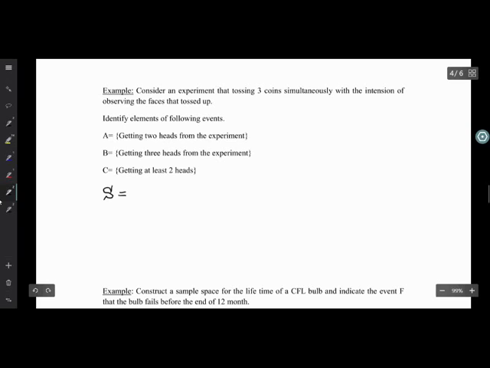Before we answer these questions, we have to find the sample space of this experiment. We are tossing 3 coins, so we will end up with all 3 heads, head, head and tail, head, tail, head, head, tail, tail, and so on.